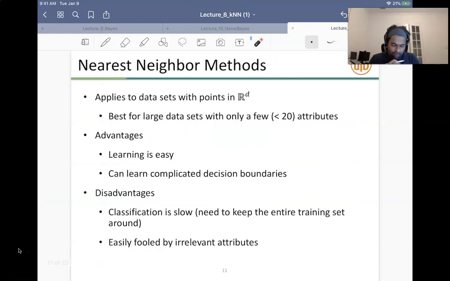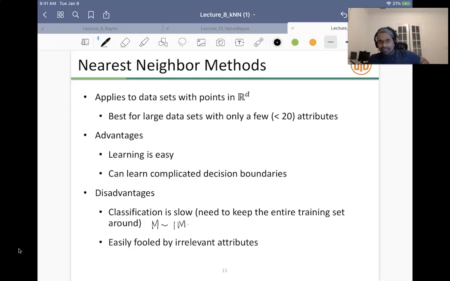All right. The advantages of nearest neighbor methods are that learning is very easy, and we can learn fairly complicated decision boundaries, as we saw in the previous slide. The disadvantage is that classification is slow, and you need to keep the entire training set in memory. Imagine if M is of the order of a million data points; this is really bad.